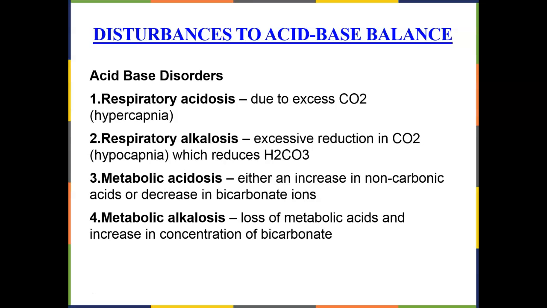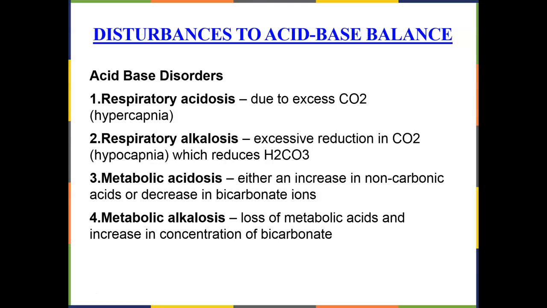Respiratory alkalosis is not as common as respiratory acidosis, but think of hyperventilating. When you're hyperventilating, you're blowing off a lot of carbon dioxide very fast. It can make you get lightheaded and you can actually pass out. And so again, your kidneys, if you were in respiratory alkalosis for a long period, would have to compensate. In this case, they would have to get rid of the bicarbonate and increase the amount of acids.